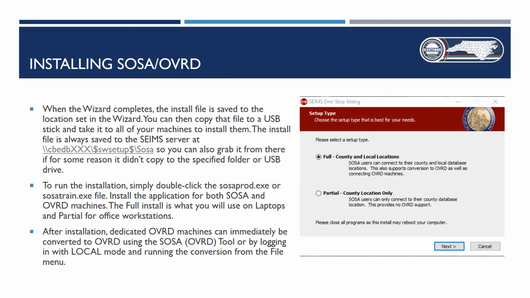All right, and then another little summary again of the Seams installation. You're going to copy that sosaprod.exe file or the sosatrain.exe file to a stick or some sort of media that you can use to install it on all of your laptops. To run the installation, you simply double-click on the file.